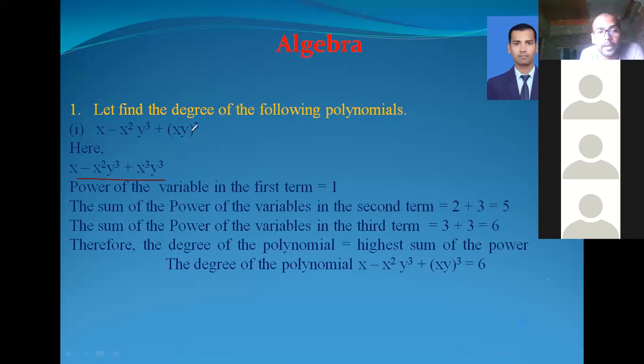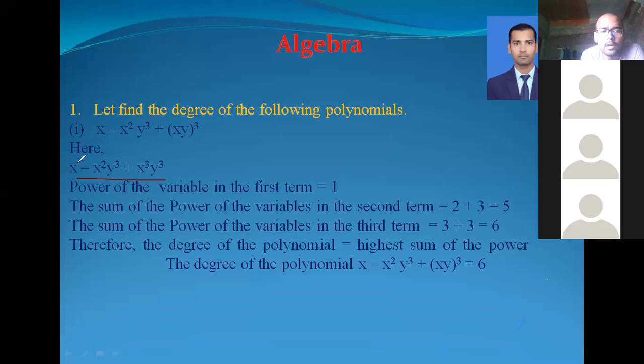Then the power of the variable in the first term: there is only one variable in the first term, that is x. That's why the power of the variable in the first term is 1, because there is no power, it means the power is 1. In the same way, let's talk about the second term.